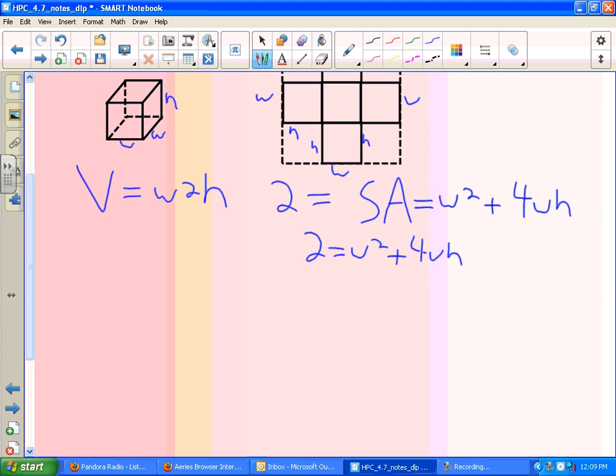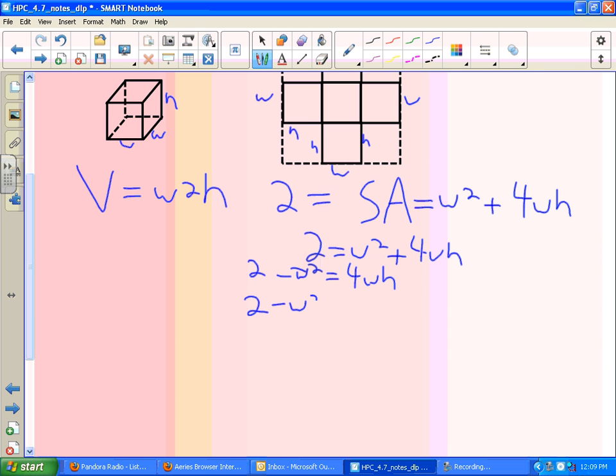So now we just solve for H, right? Correct. And then it said we want volume in terms of height, solve for W. Yeah.